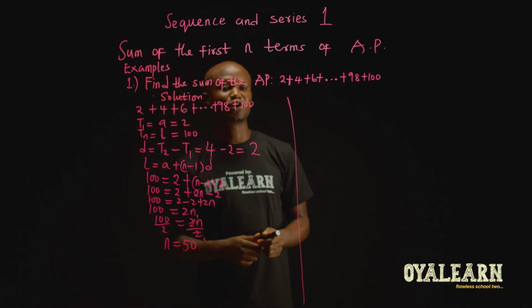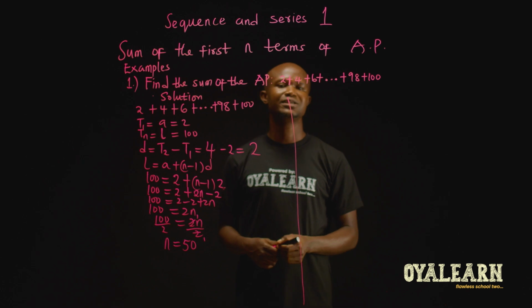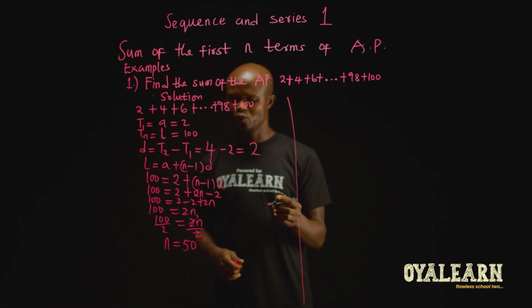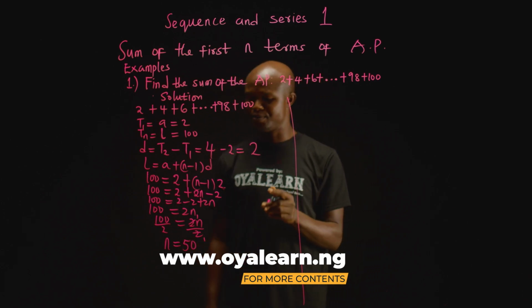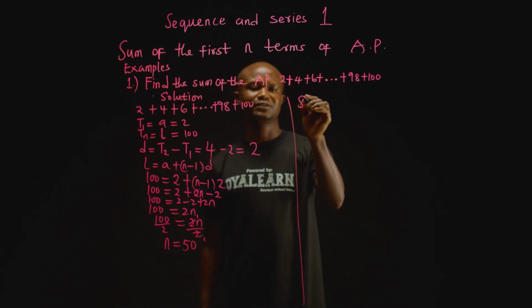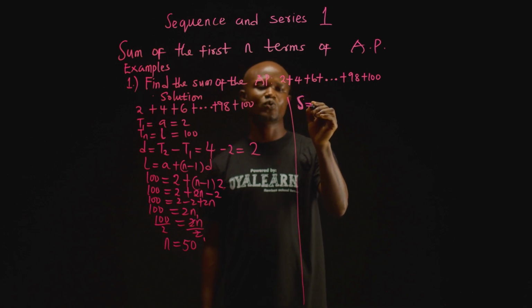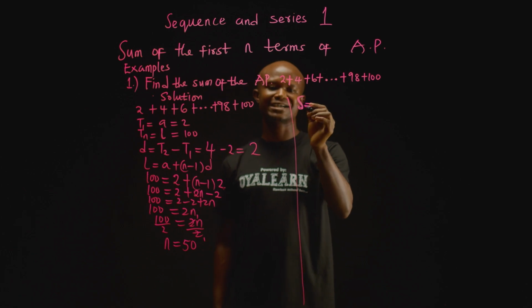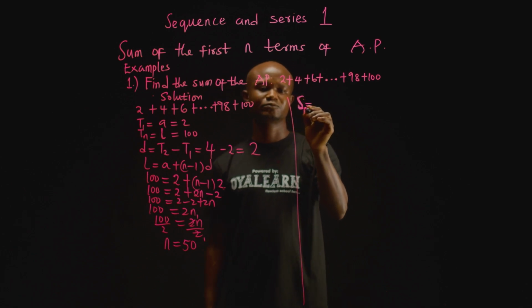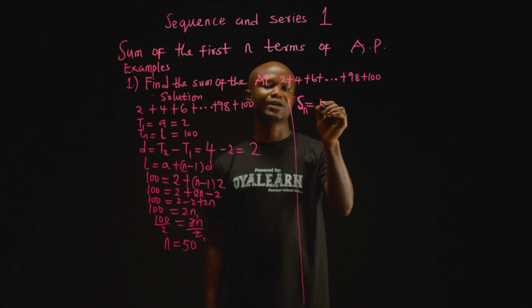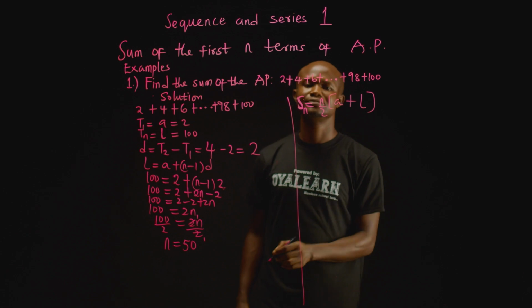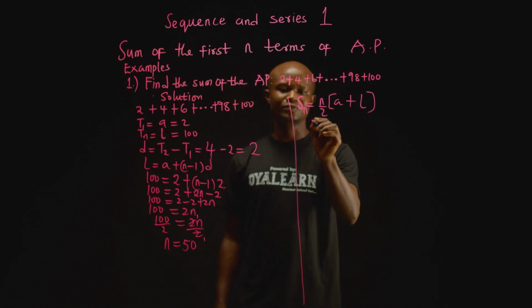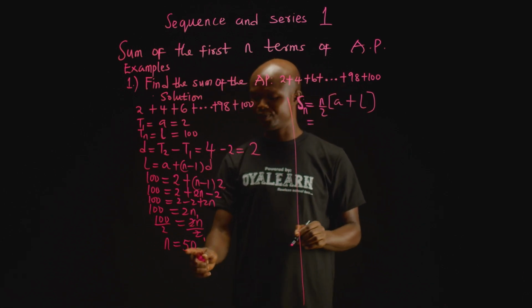Now, since we know the value of n to be equal to 50, we want to find the sum of the AP. So, the sum of the AP, which we can write as Sn, equals n over 2 into A plus L. Now, we know n to be equal to what? 50.